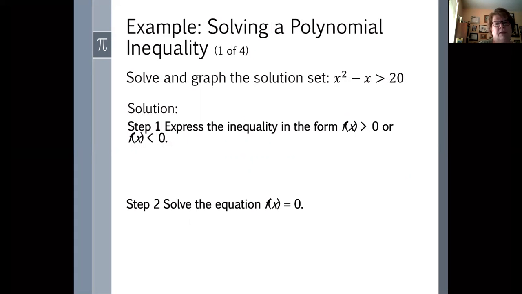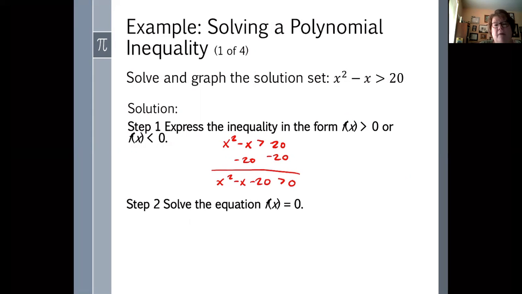So we need to subtract 20 from both sides of this inequality. I have x squared minus x is greater than 20, so I'm going to subtract 20 from both sides to get the polynomial on the left and 0 on the right.